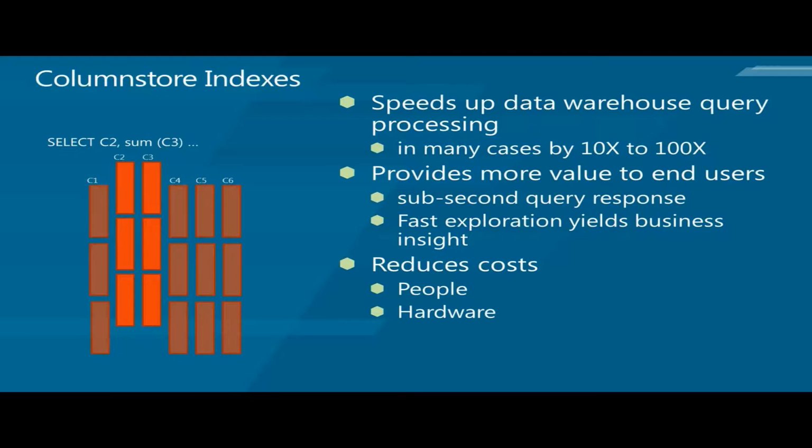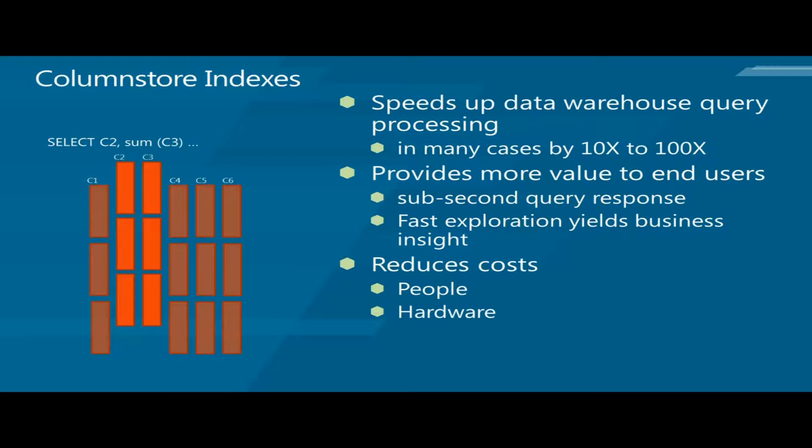So column store indexes are basically a kind of index that creates a second copy of your data structured in a different way, where every column is stored on a separate group of pages. If you see this picture here, the red blocks represent a table that has 6 columns, and that's a little snippet of a query above that retrieves 2 of the columns.